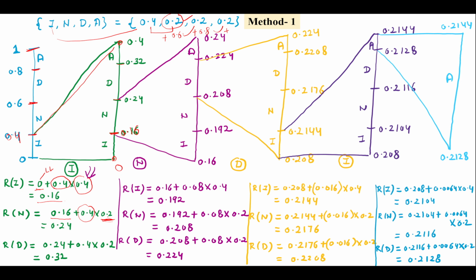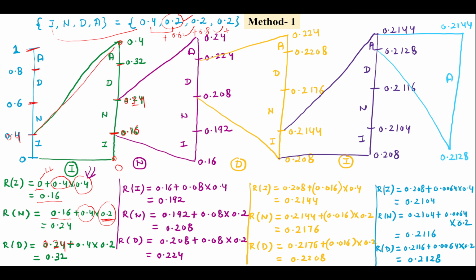This is the probability of the symbol N. Similarly, we go to the next letter, D. For the letter D, the lower limit is 0.24.